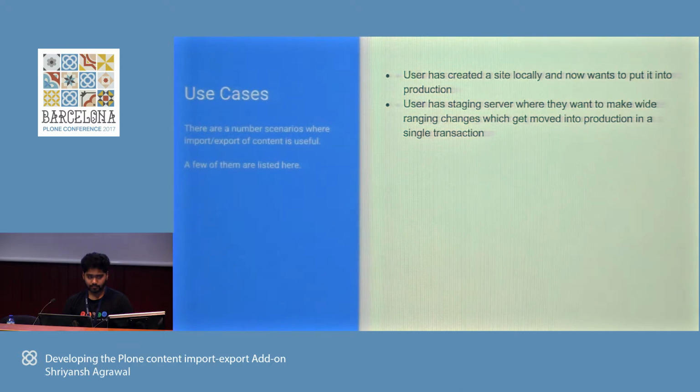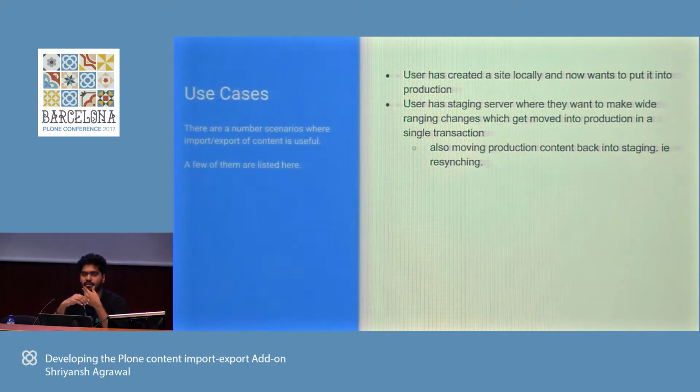Another is, let's say a user has a staging server where they want to make wide ranging changes which get moved into production in a single transaction. Let's break it down: moving production content back into staging, that is resyncing. I guess most web admins have a clear understanding of this.